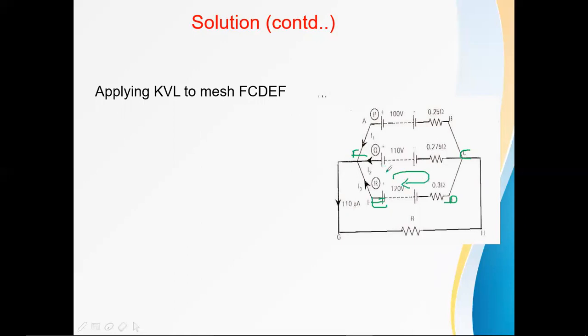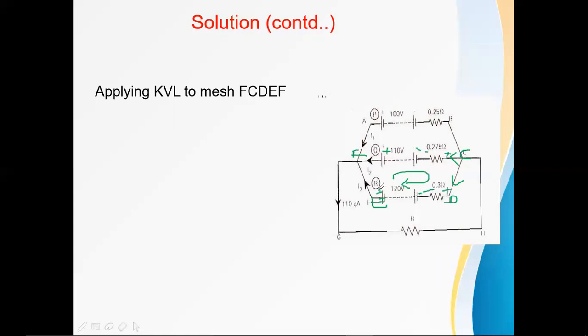Before drawing these loops, you need to mention the signs based on the current direction. For this, the current direction is like this, and the current name is I2. My signs are plus and minus. For this, the current direction is like this, and the name of this current is I3, plus and minus. This is plus and minus, already given in the battery side, right? This is plus and minus.